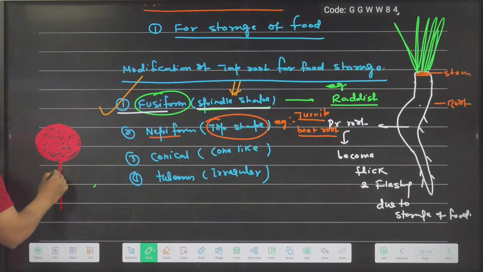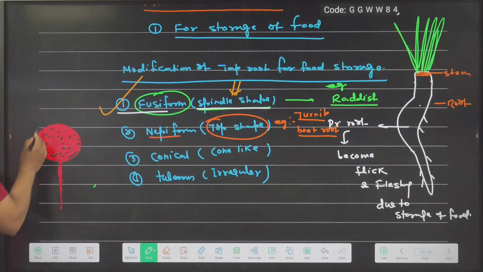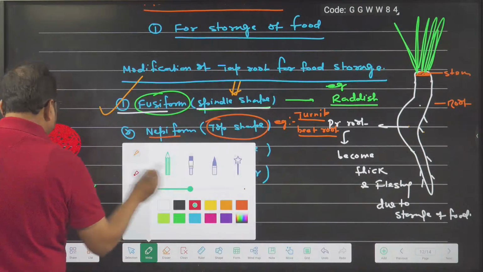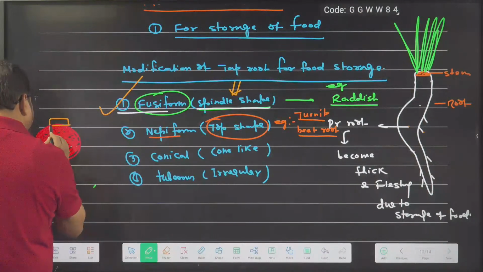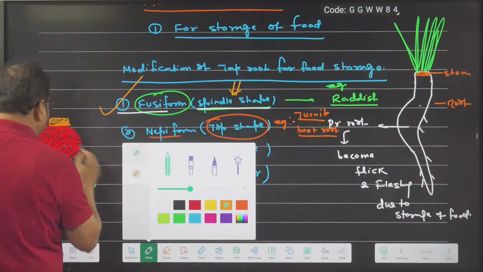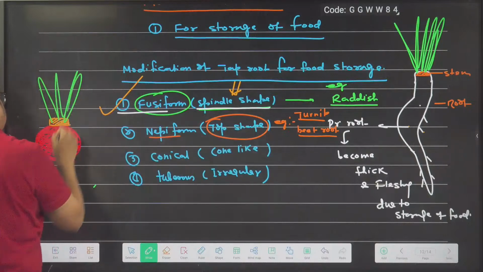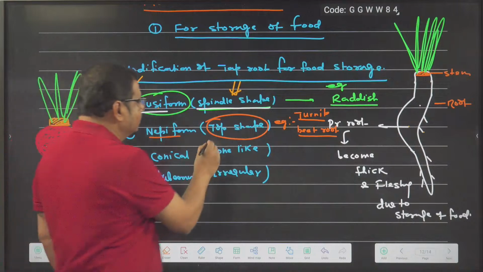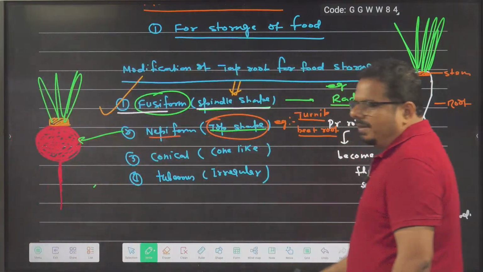In top, what you are finding? Sudden thickening, thinning occur. Getting the things or not? And here it is a stem. Disc shape stem is there. And here you can say about leaf. So it is which one? Napiform. How is it looking in appearance? Top shape it is looking in appearance.